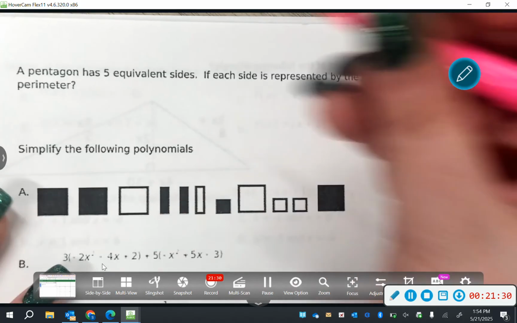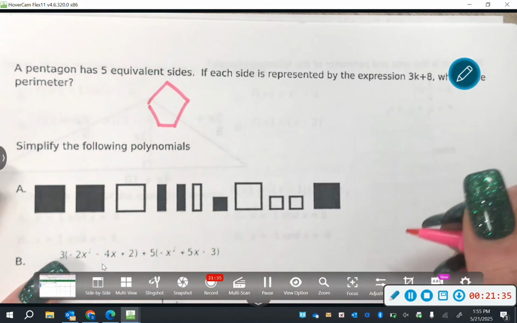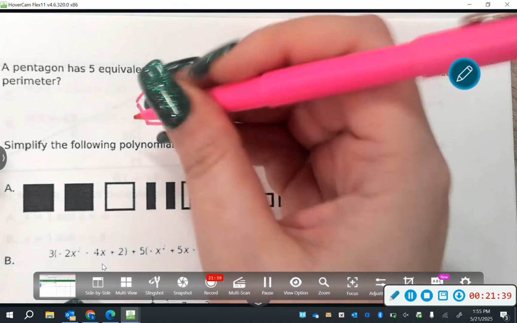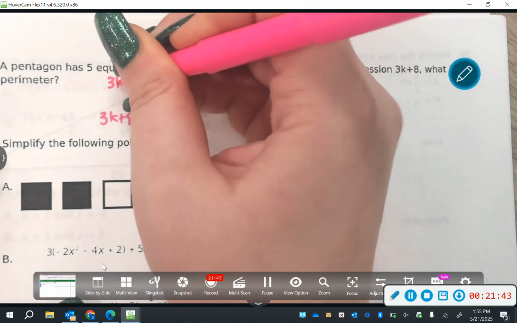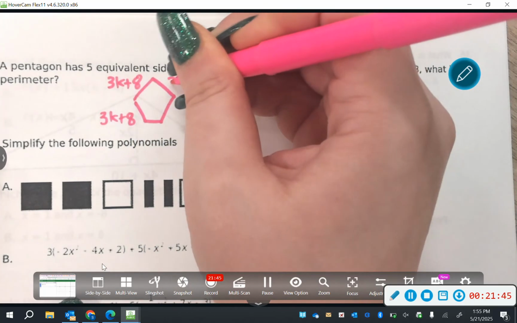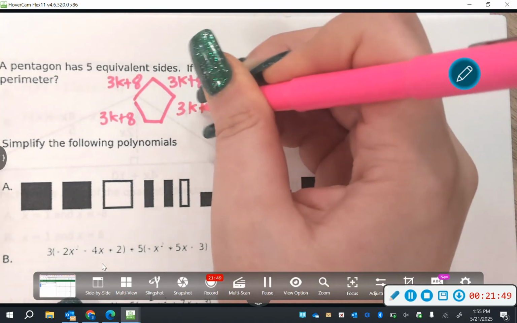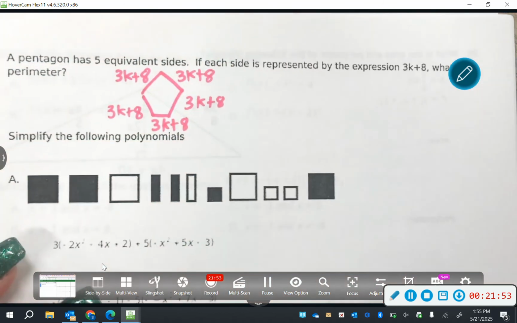Says we have a pentagon, which if you wanted to draw a picture, you could, with 5 equivalent sides. If each side is represented by the expression 3k plus 8, it means they're all 3k plus 8. What is the perimeter?